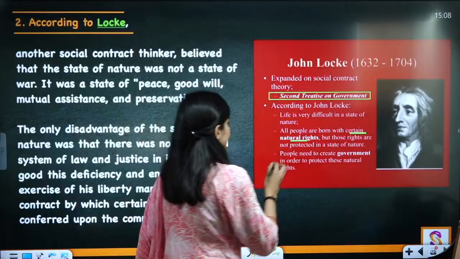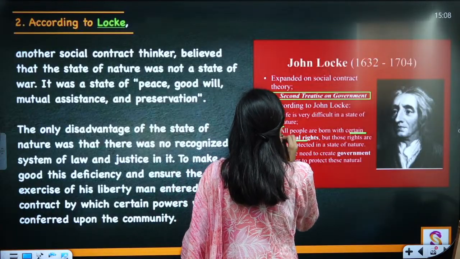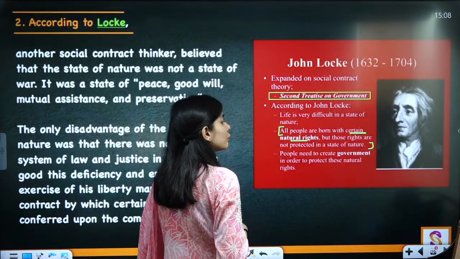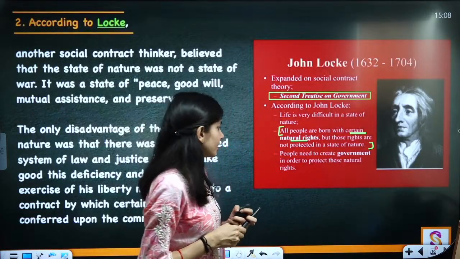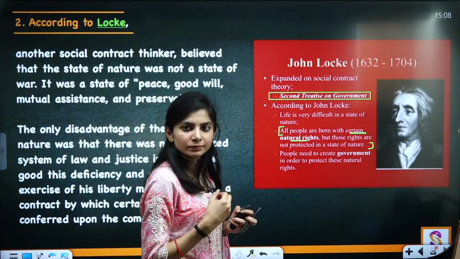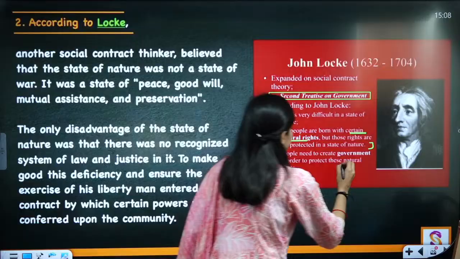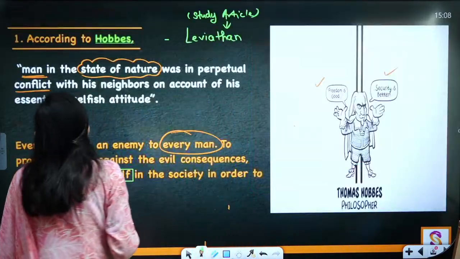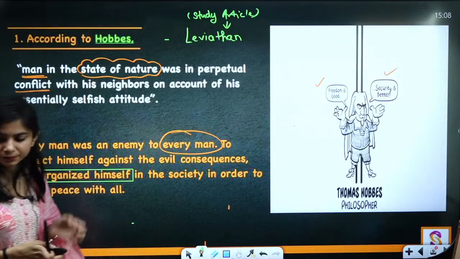So he specified that all the people are born with some certain natural rights, but these rights are not protected in a state of nature. So he said that people need to create government so that they can protect their natural rights. It is the same thing as specified by Thomas Hobbes.